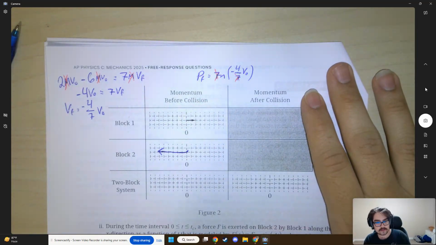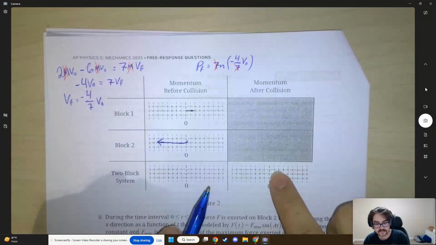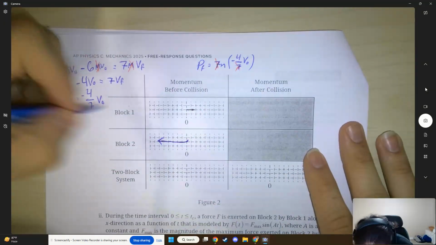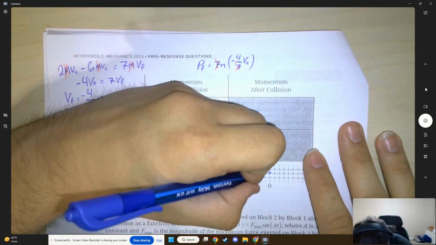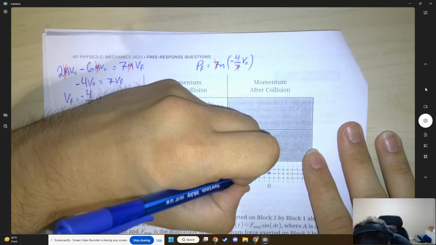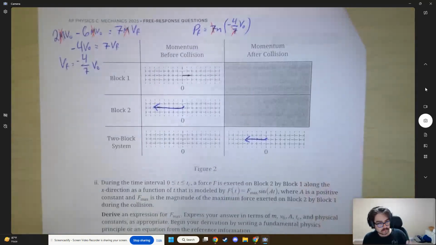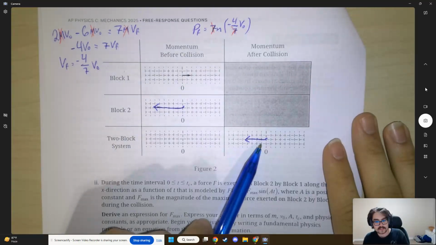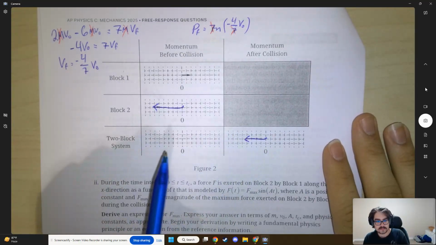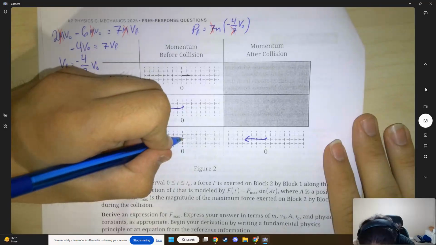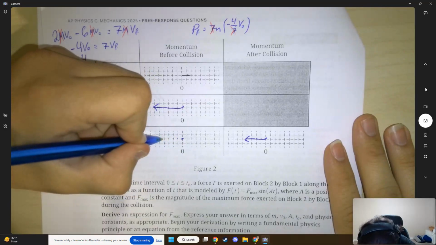So our arrow should have a magnitude of 4 to the left after the collision, from the starting point: 1, 2, 3, 4. And by conservation, remember, in all collisions momentum is conserved, so your momentum after the collision needs to be the same as the momentum before the collision. Okay. So 1, 2, 3, 4.